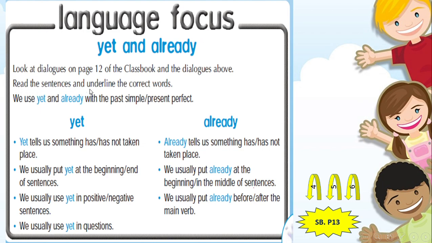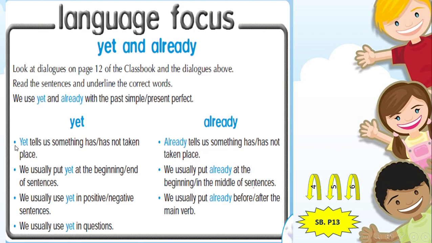Read the sentences and underline the correct words. Look here, students. As you can see, we have yet and we have already. Under yet, we have sentences and also we have sentences under already. We have to choose the correct words that give us a correct rule for each one of them.